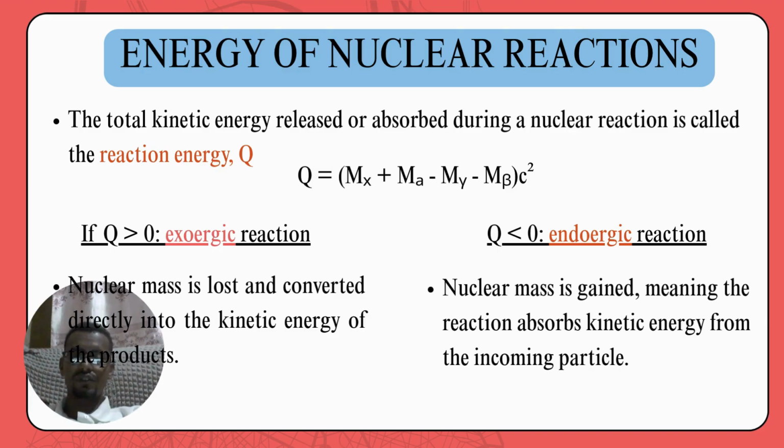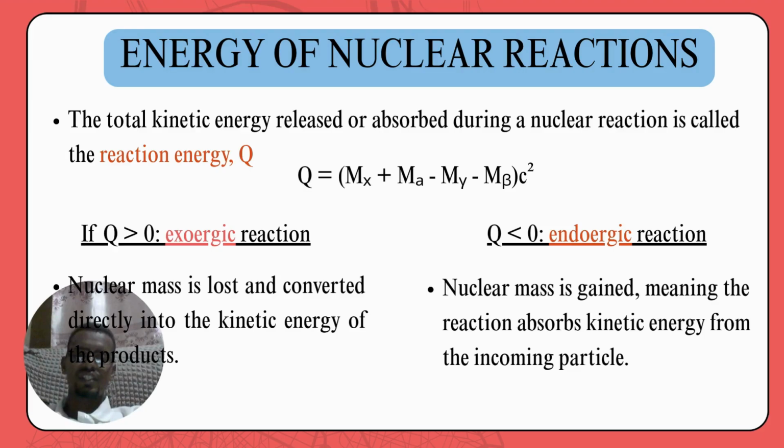If the Q value is greater than 0, the reaction is called an exoergic reaction, and in this case the nuclear mass is lost and directly converted to kinetic energy. And if the Q value is less than 0, the reaction is called an endoergic reaction.